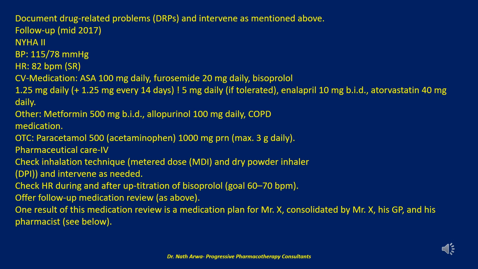Cardiovascular medication include aspirin 100 mg daily, furosemide 20 mg daily, bisoprolol 1.25 mg daily, increased by 1.25 mg every 14 days, to 5 mg daily if tolerated, enalapril 10 mg twice, atorvastatin 40 mg daily.